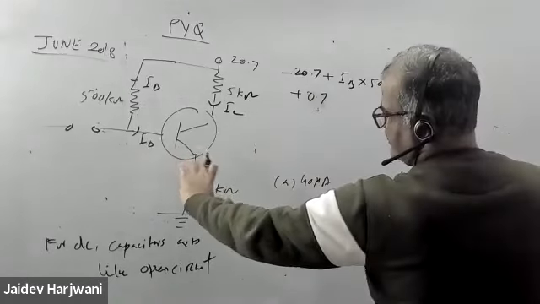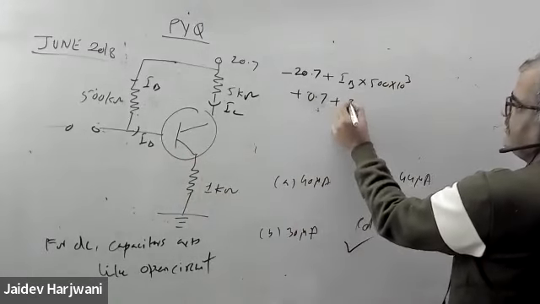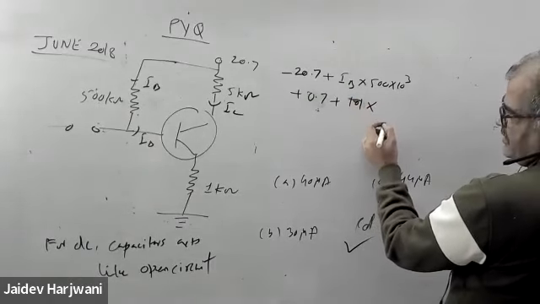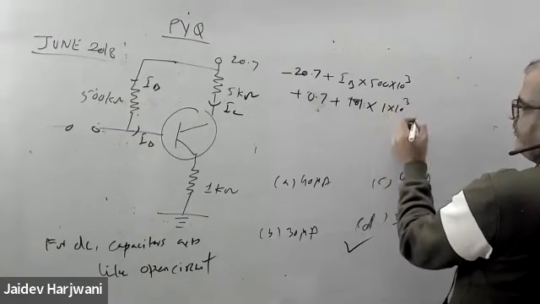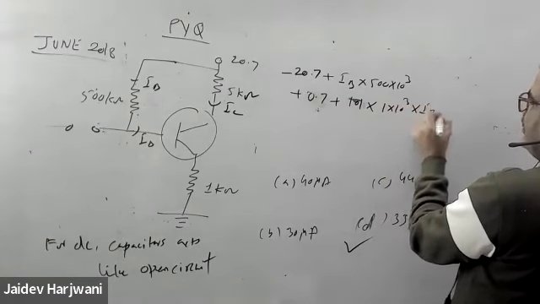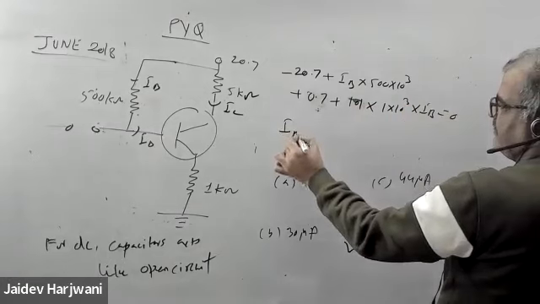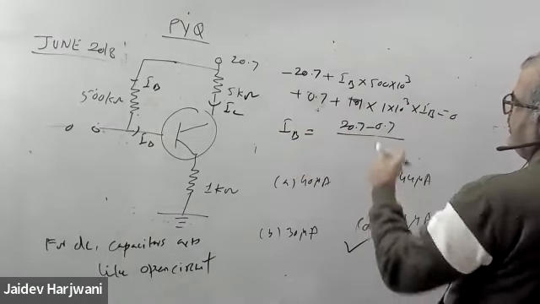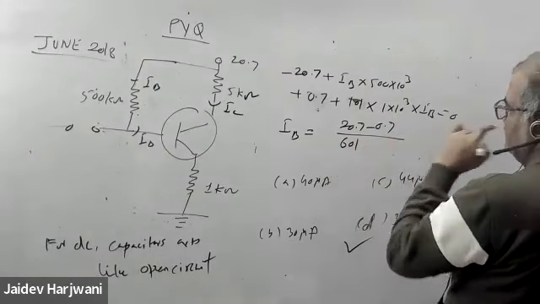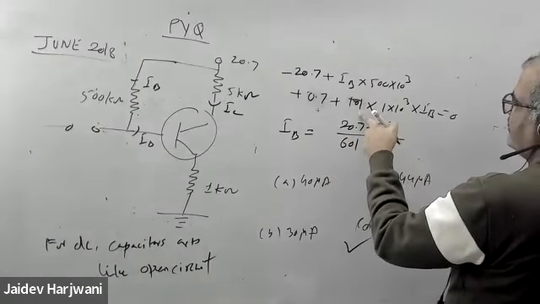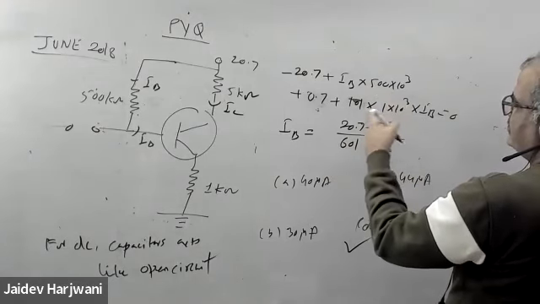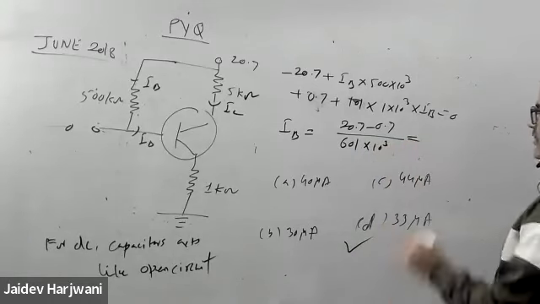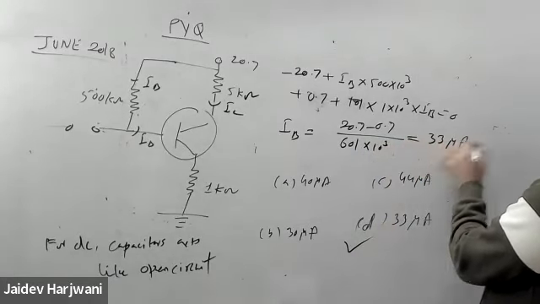And then you have IE, that is beta plus 1, and beta is 100, so 101 into RE, 1 kilo ohm, plus IB equals 0. So IB will be simply 20.7 minus 0.7 upon 601 kilo ohm, which is 101 plus 500. If you solve this, it should come to 33 microampere.